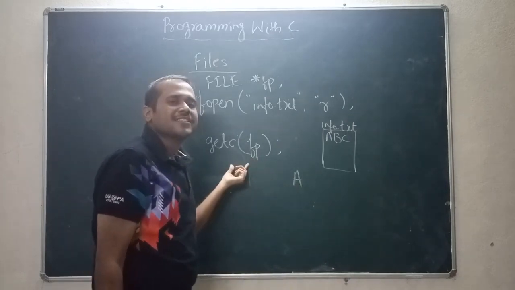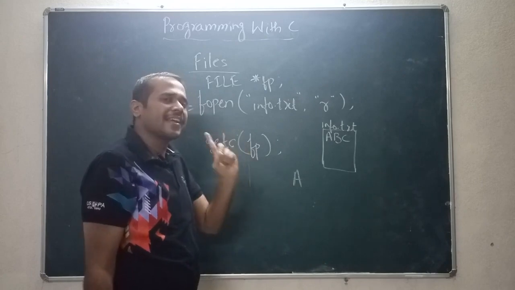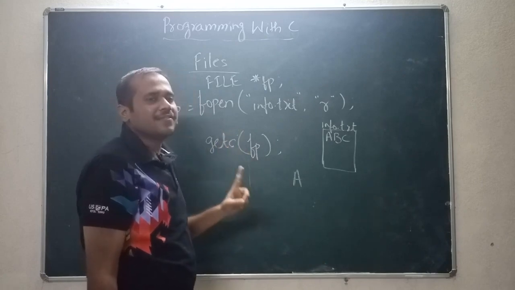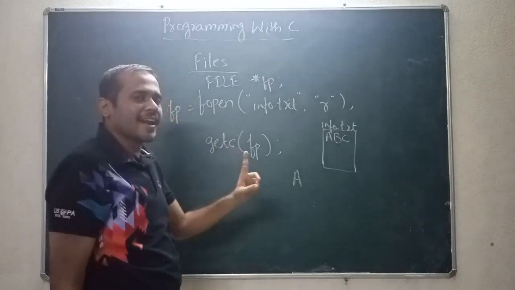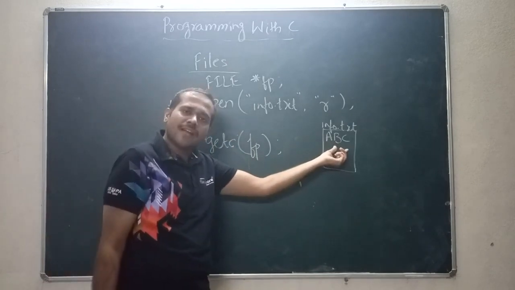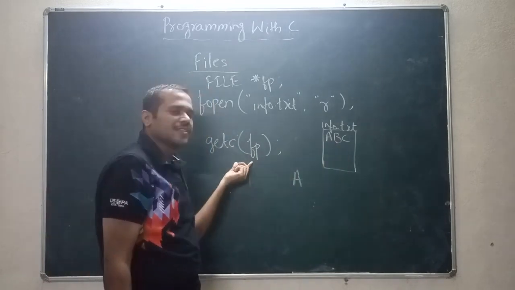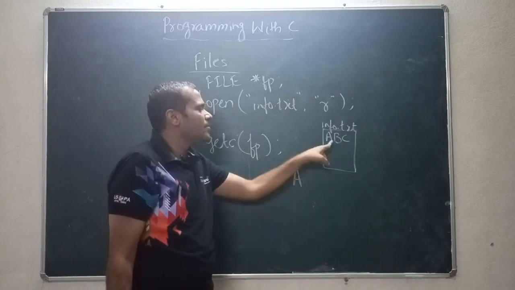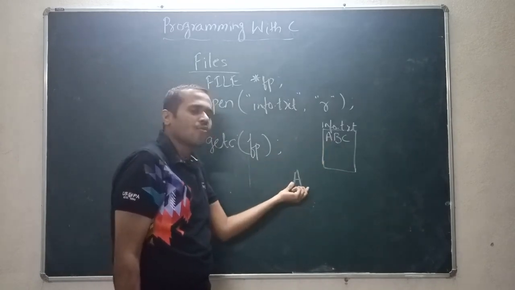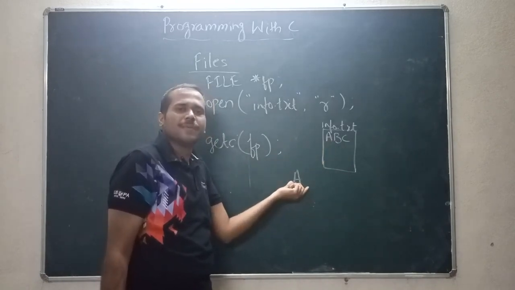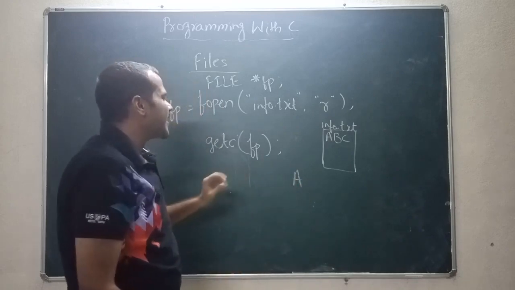Because the getc function fetches only a single character at a time. Even though there are 3 characters ABC, if you use the getc function once, only the first one, A, will be displayed. So this is getc.